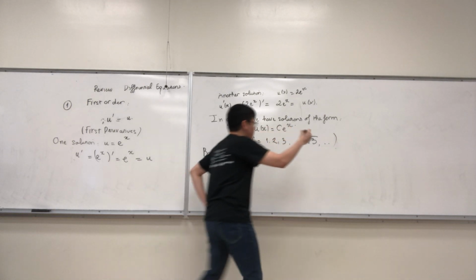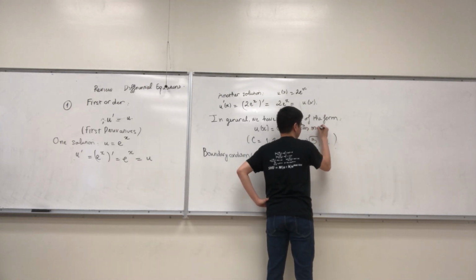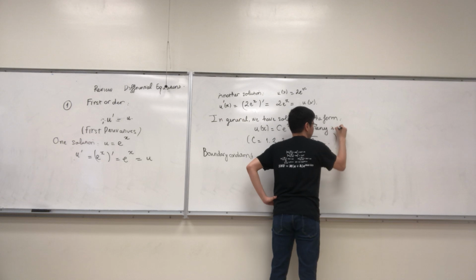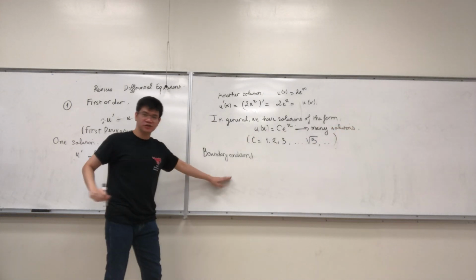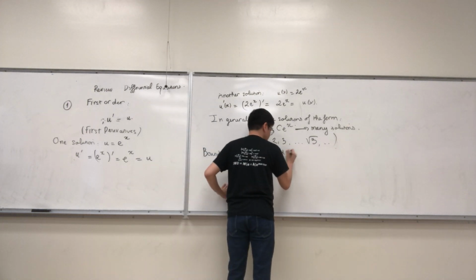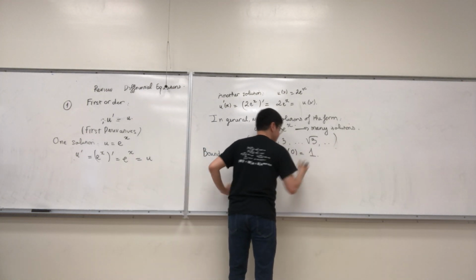So in this case, we have many solutions. All right? So the boundary condition, so suppose that I want u of 0 to be equal to 1. All right?